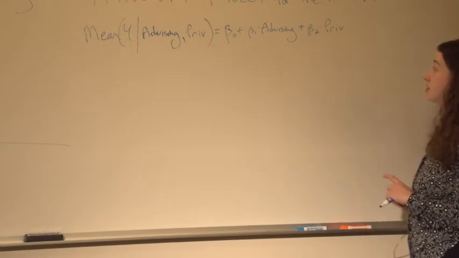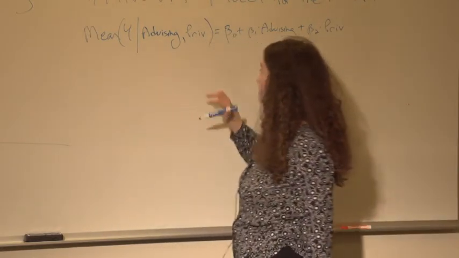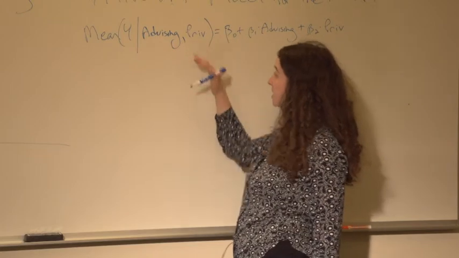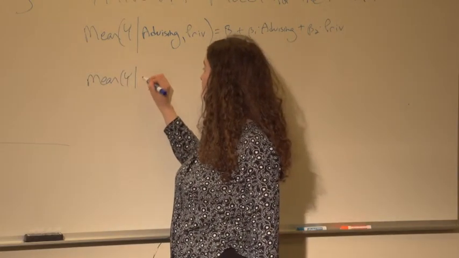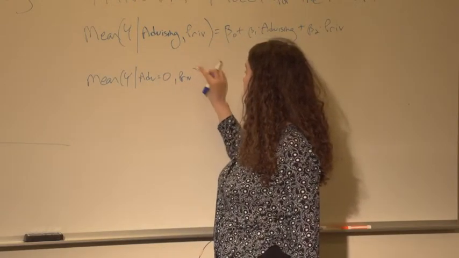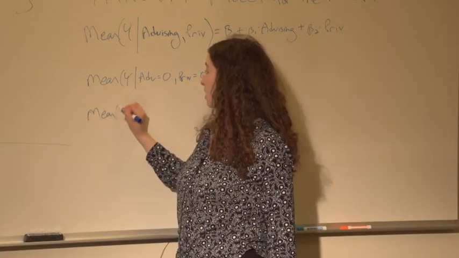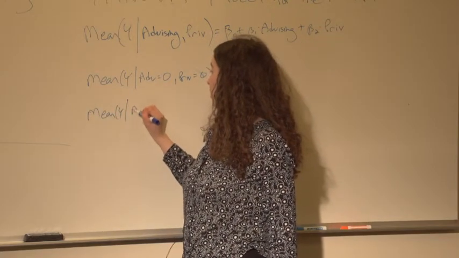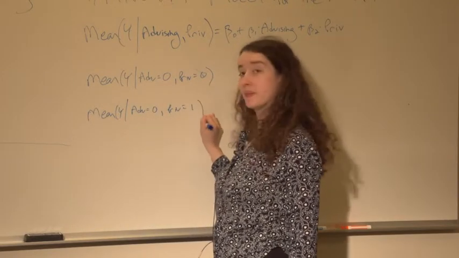So the possible values you could have here: you could come in and tell me you have someone who did not get advising and did not go to private school. So I could be trying to calculate the mean of y given that advising is equal to 0 and private school is equal to 0. Or you could tell me you're interested in the mean of y where advising is equal to 0 and private school is equal to 1.